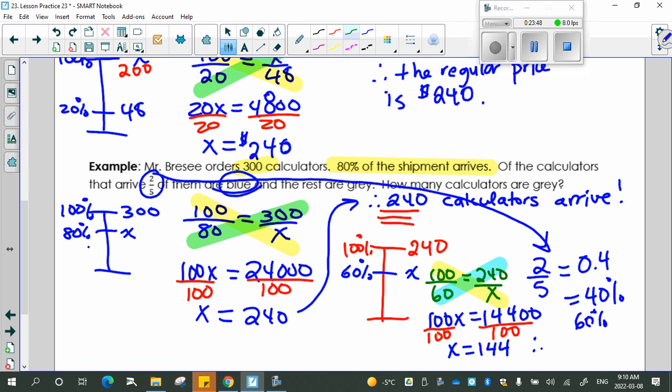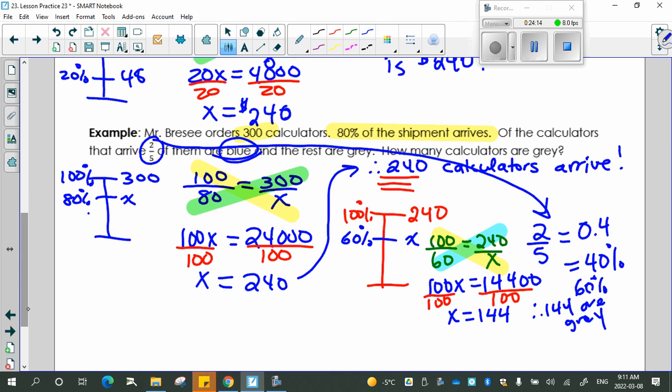So therefore, 144 are gray. Now, if you found the blue ones, you would have done 240 minus the blue ones to give you the gray ones. Okay. So we had to do 2 proportions there to get to the final answer, and we had a couple yesterday where we had to do the 2 proportions. Okay. All right. So I'm going to stop there, and you guys are going to practice.